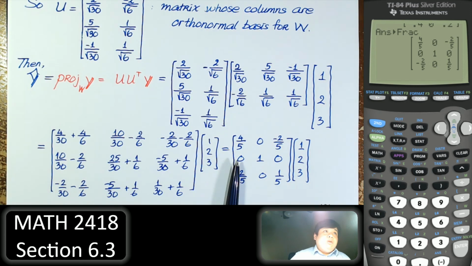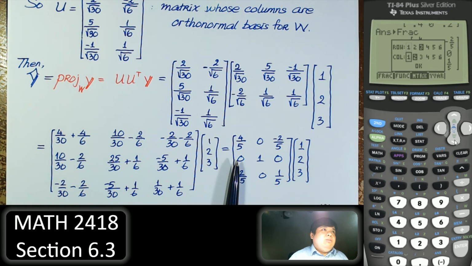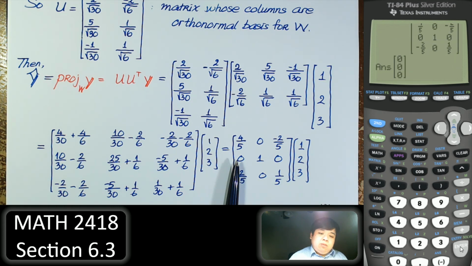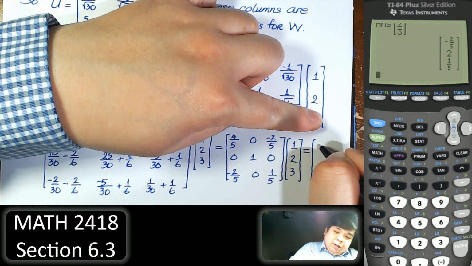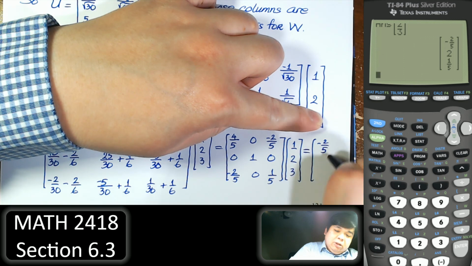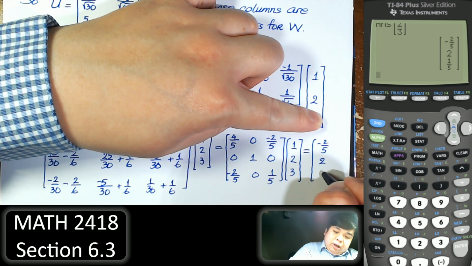So actually we're just going to say the last answer, which is this matrix, times the matrix of 3 rows 1 column, 1, 2, 3, and we have negative 2/5, 2, and 1/5.